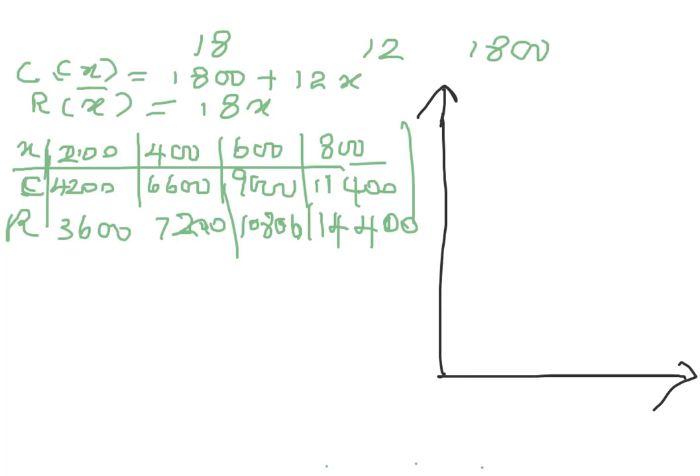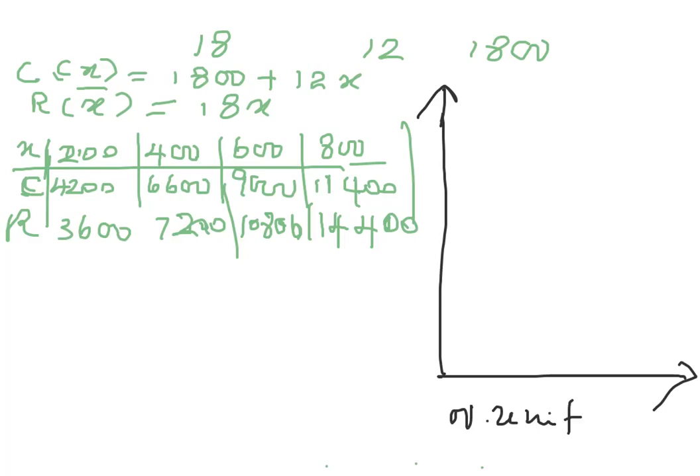So in here you need to use graph paper to draw these things, otherwise we can't get the exact value. I will show you here. When we are naming the two axes, the x axis is the number of units. You can write number of units here.